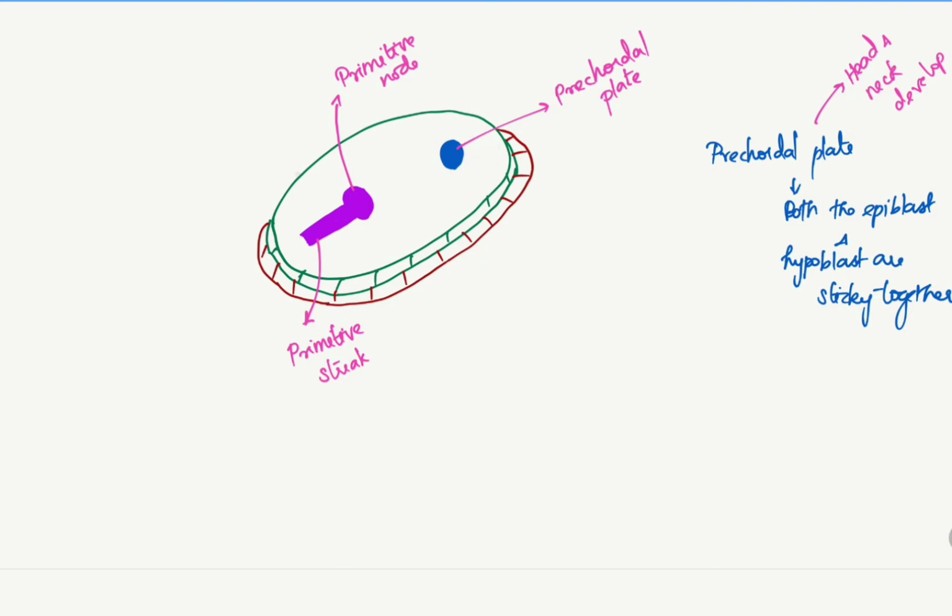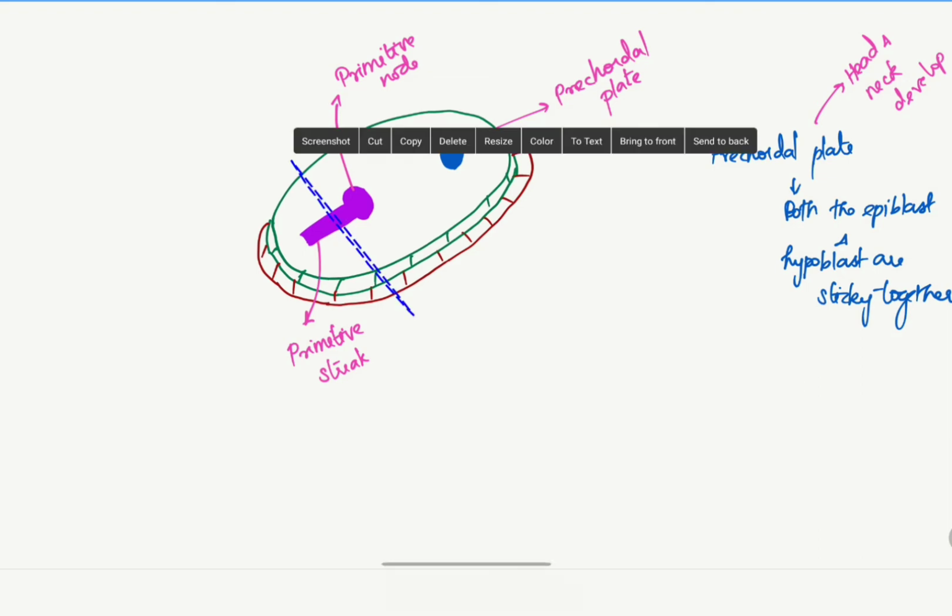So if you make a cut section here, you will find some cells from the center of the primitive streak going down. Of course, I will make a diagram showing the cut section of the primitive streak. Here is the epiblast cell layer, and below that is the hypoblast cell layer.